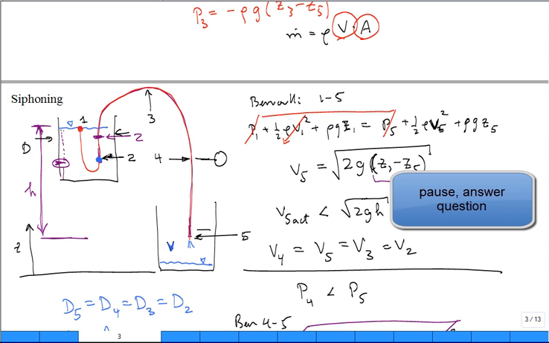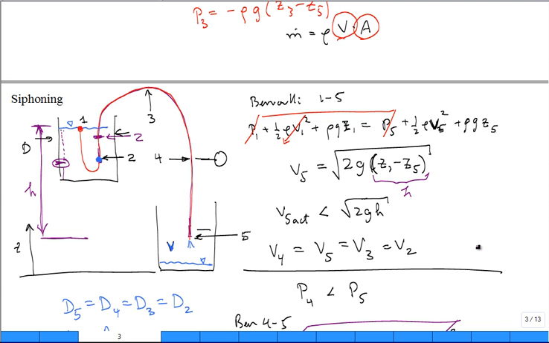I pause, I let you answer that question, I come around and look at it. Okay, so notice that this equation here is Z1 minus Z5. Was it Z2 minus Z5 or Z1 minus Z5? And so it doesn't matter if Z2 is a little higher or a little lower, as long as you've got it in the water.